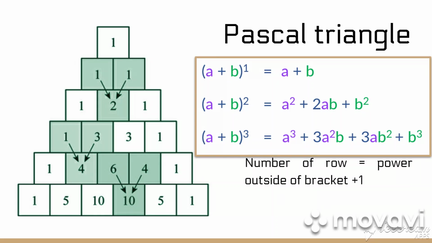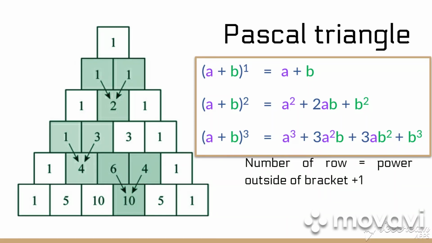So for example, (a + b) squared: we need to look at the third row, because 2 plus 1 is 3, and we get 1, 2, 1. On the third row, we get the numbers 1, 2, 1, and they're the same numbers here. a squared has coefficient 1, ab has coefficient 2, and b squared has coefficient 1.